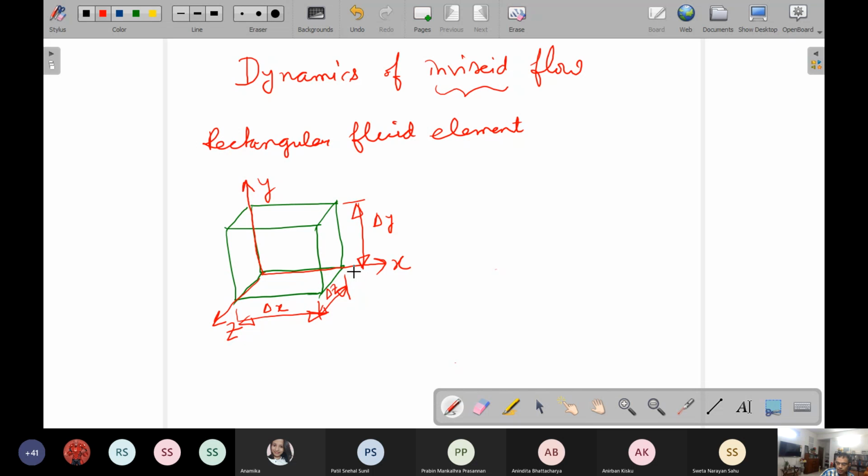So this is a fluid element. Momentarily we are talking about a rectangular shaped fluid mass, momentarily because it may be deforming.